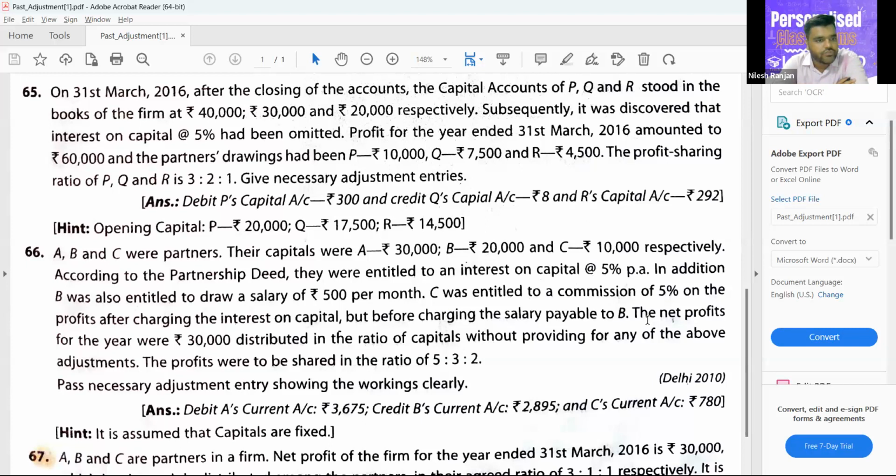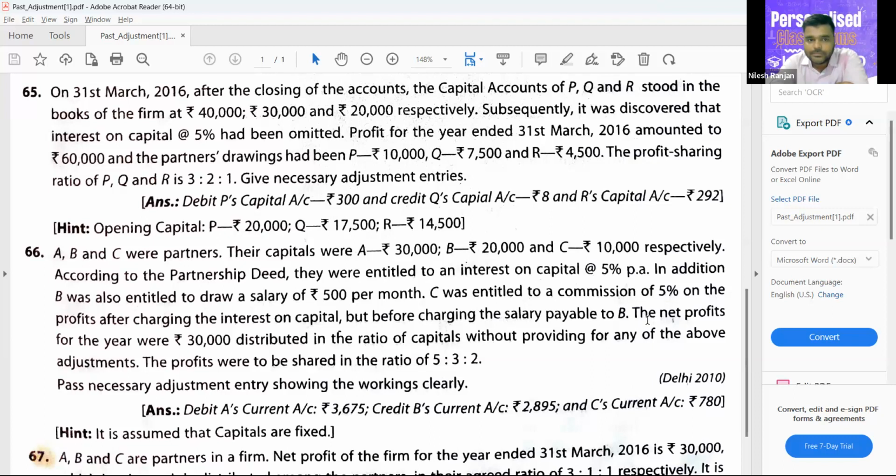Interest on capital has been omitted, which means it is not adjusted, so we don't have to add or deduct the interest on capital. We will use it later in the adjustment. In the working note, we will add or deduct only those items which are already adjusted in capital.